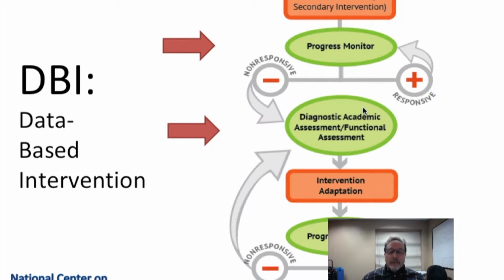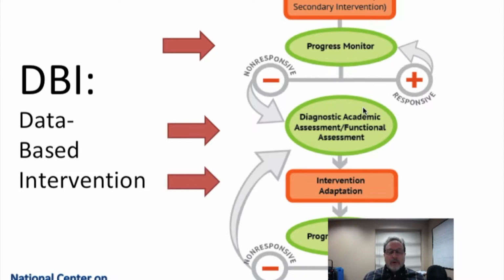But we move from there with the students that are non-responsive, where we're looking at diagnostic academic assessment or a functional behavioral assessment. Functional behavioral assessment, FBA, is a proper name, as it were, and we will get back to that later and define it for you and examine just how functional behavioral assessments are conducted and then how plans are delivered to students.